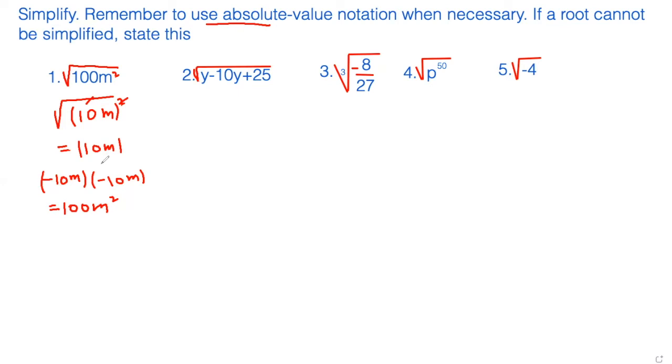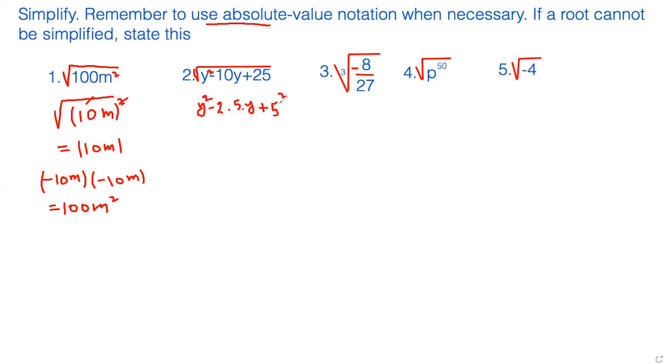So in this case, it will be number 2, y² minus, and this one we can write as y² minus 2 times 5 times y plus 5².